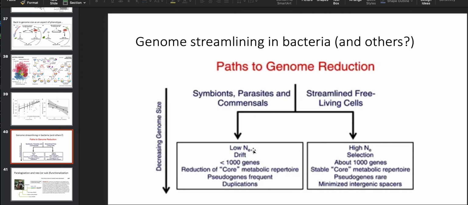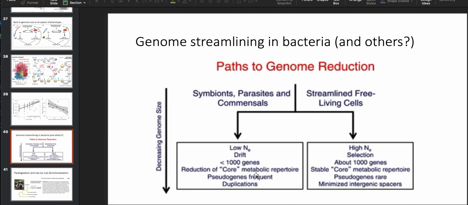This is an N sub E. And so in some cases, they just lose genes as a result of drift. And this can often result in the accidental, more or less, loss of genes, so that they have fewer than 1,000 in many cases. And they're really just reduced down to the core metabolic repertoire.